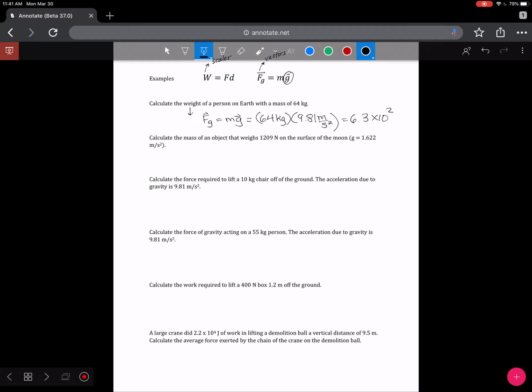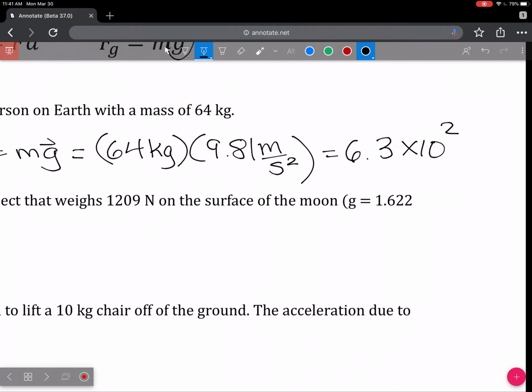And so what we have to talk about now is this unit, kilogram meter per second squared. This unit, which is a mass times an acceleration, we're going to give capital N, which stands for Newton. So this is the unit that we're going to use for force.